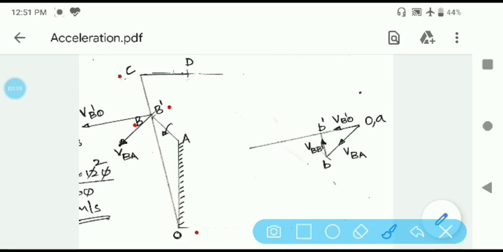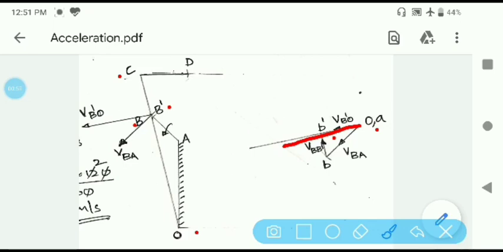Similarly, in the velocity diagram also, point C will lie on the line joining O and B prime extended. So you have to locate point C on this line. How to do it, we can see after some time.